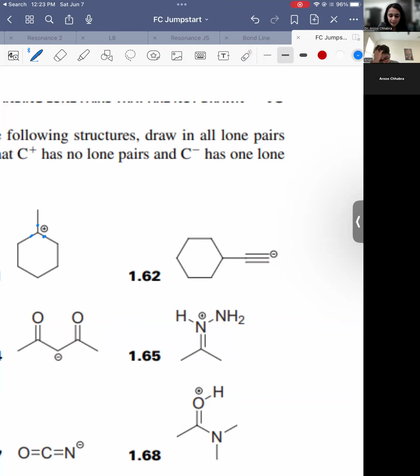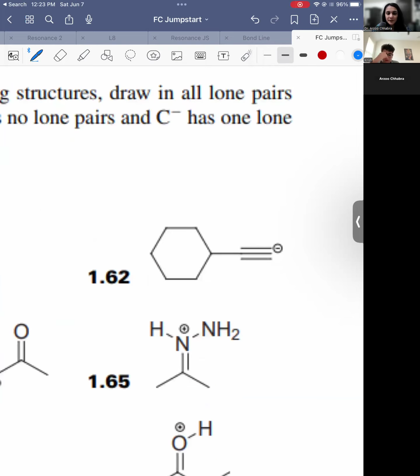Um, 4 bonds. 3. How come 2 though? Wait, no, it has one lone pair. Yeah, 1 pair. My bad. One pair, yes, that's right. And how we know that is because it's supposed to have 4, right? Valence electrons of carbon is 4. With the negative charge, it'll be 5 in total. So then we see the electrons of carbon are 1, 2, 3. These are the electrons of carbon. So then to have 5, it will just have 1 lone pair.